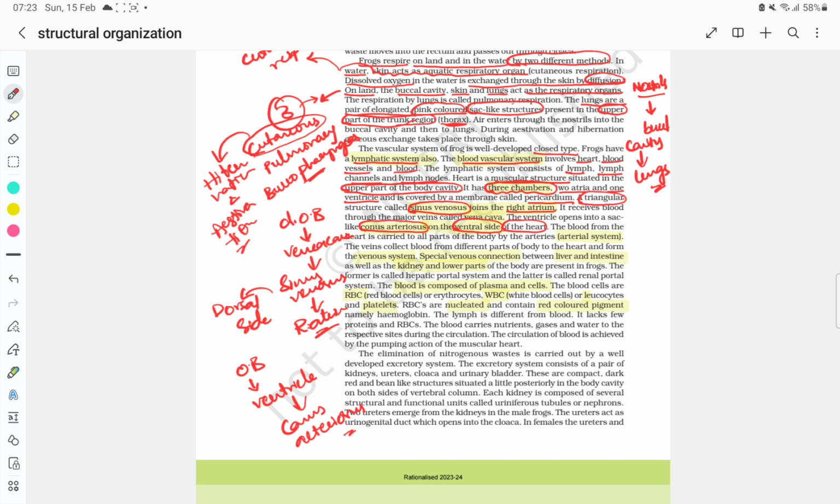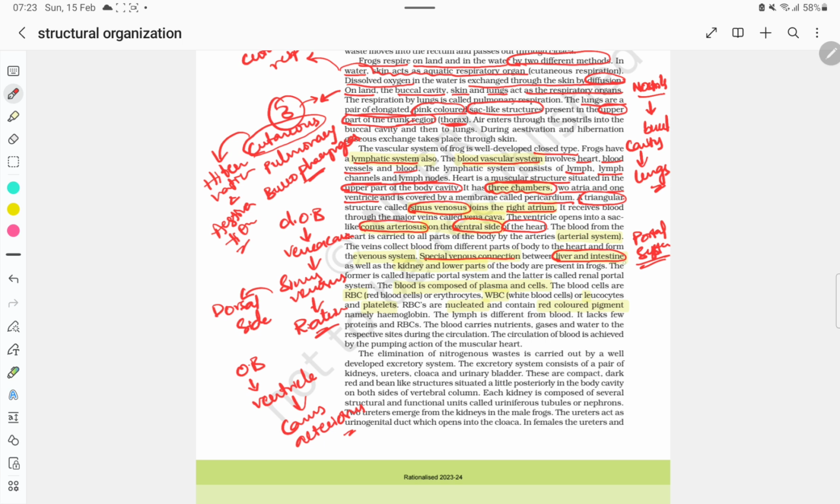And along with this, there are two special venous connections, which are between the liver and intestine, and these are called portal systems. Two portal systems are present.